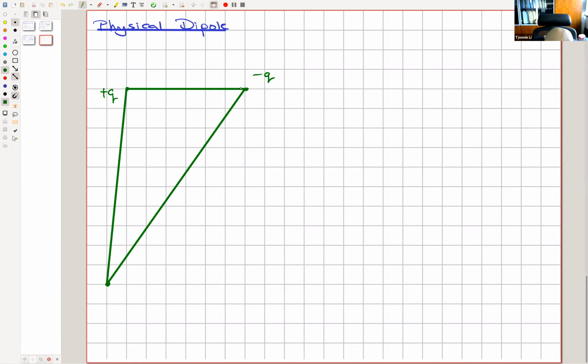Well, okay, that doesn't matter. And then there's something here in the middle that I can draw here as well. Okay, now let's put in all the different things. So we've got a plus Q and we've got a minus Q, and let's make this total distance here. Let's call this D.